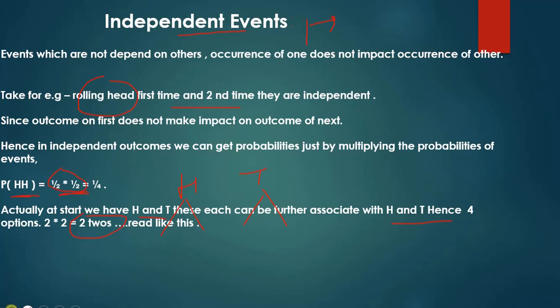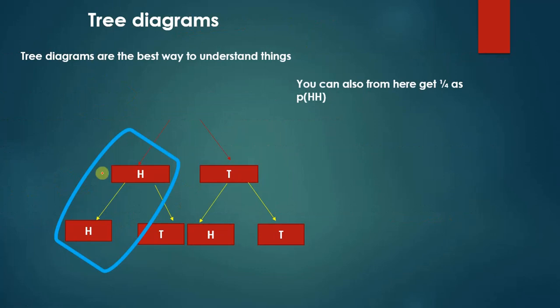To understand better, I have created a tree diagram. From the tree diagram you can also see that. First I toss it, I get head or tail. Then I toss again, and head can be associated with further head or tail. Here also the same thing, and I want this box.